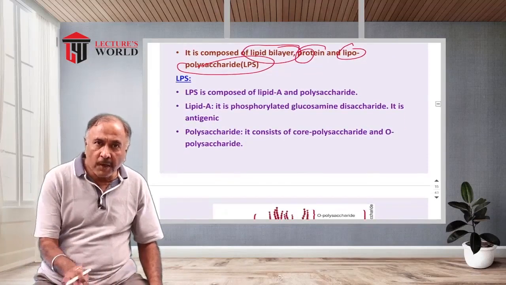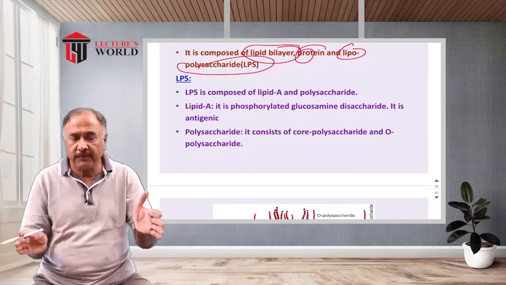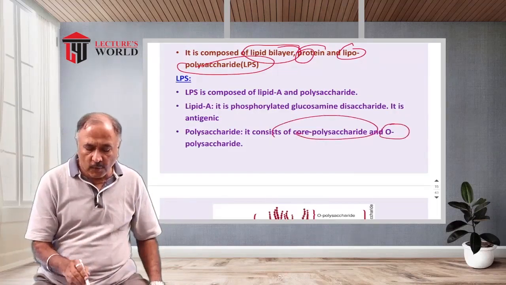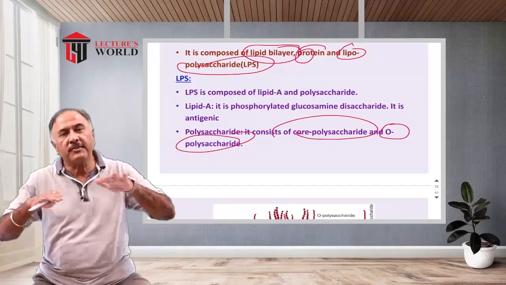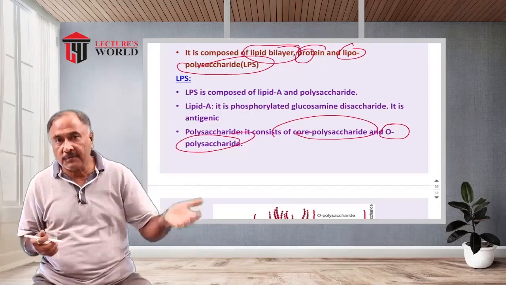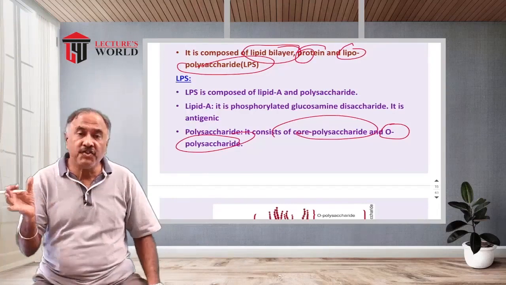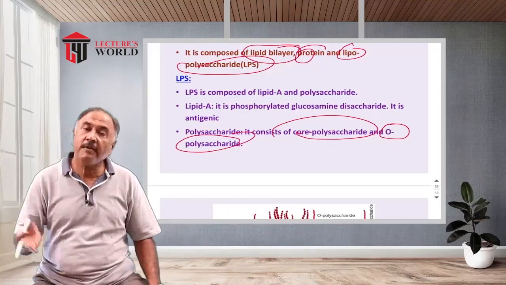When we talk about the polysaccharide as a whole, there are two sections: the core polysaccharide and the outer polysaccharide. The core polysaccharide structure more or less remains constant, but the outer sugars, that is the O polysaccharides, change in different species or even within the species.